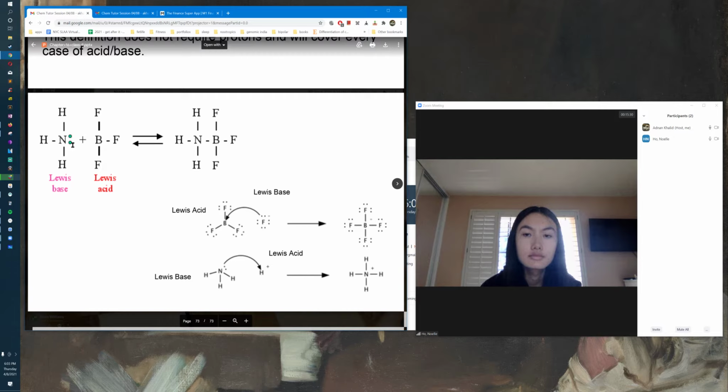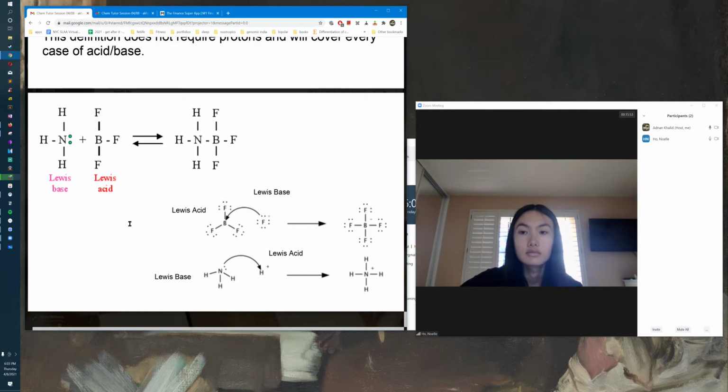So basically, if you could imagine an arrow going from the lone pair of ammonia to the boron atom, it makes a connection with it, and that's the Lewis base and Lewis acid reaction.